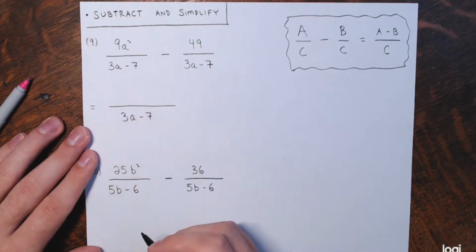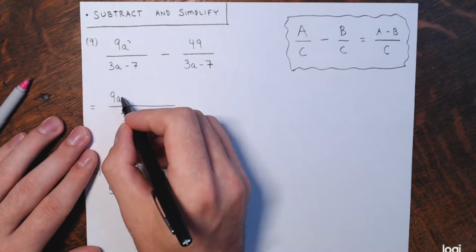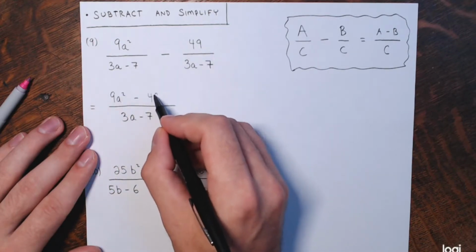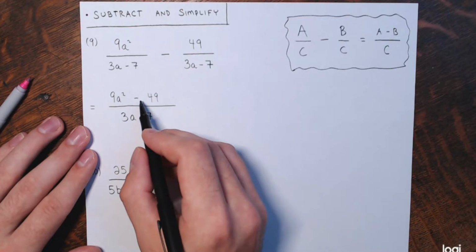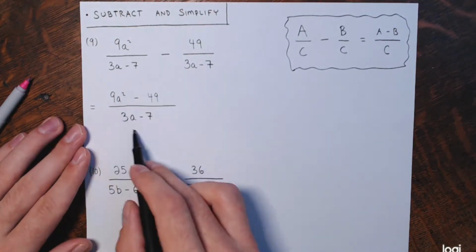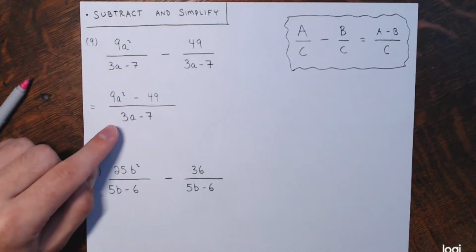Then I take the first numerator, 9a squared, minus the second numerator, 49, and this second numerator only has one term, so there's no need for parentheses around it. Great. There's the fraction resulting in the difference of these two fractions right here.